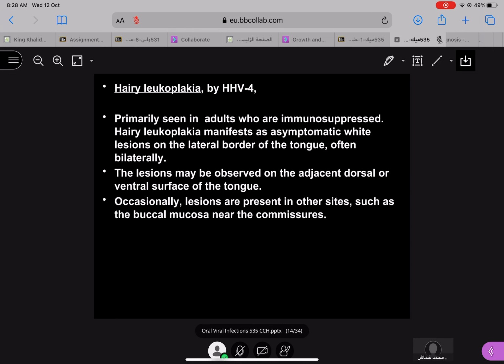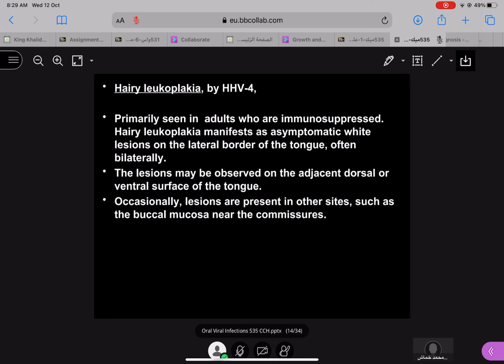Okay, now we are taking one manifestation, which is hairy leukoplakia, primarily seen in adults who are immunosuppressed. Immunosuppressed means their immune system is not adequate enough to fight against pathogens. Hairy leukoplakia manifests as an asymptomatic white lesion on the lateral border of the tongue, often bilaterally.